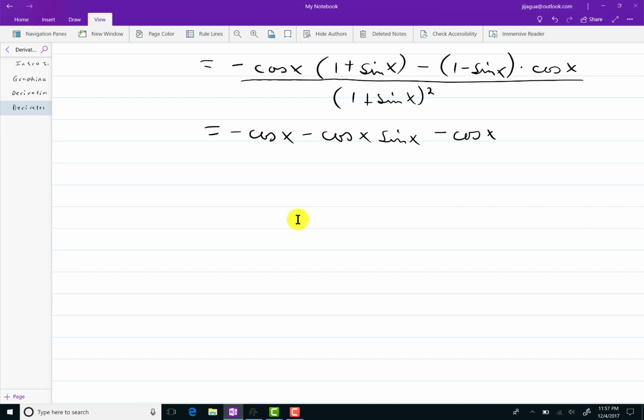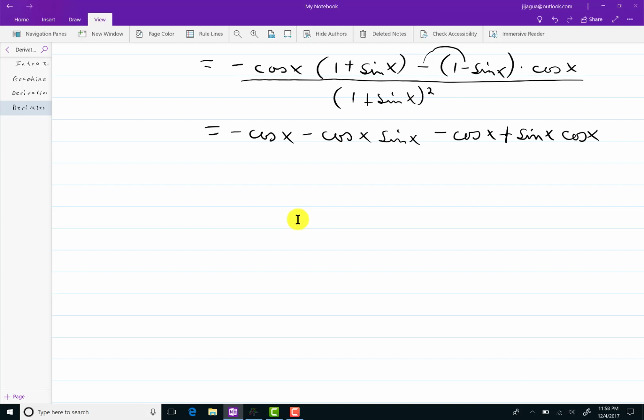And for the last part, a lot of people tend to make a mistake here and put the wrong sign. You have a negative times a negative. It's going to cancel out and give you positive, plus, sorry, sine of x times cosine of x.